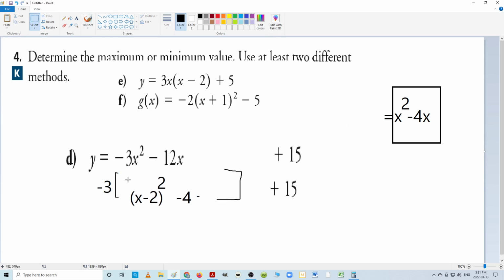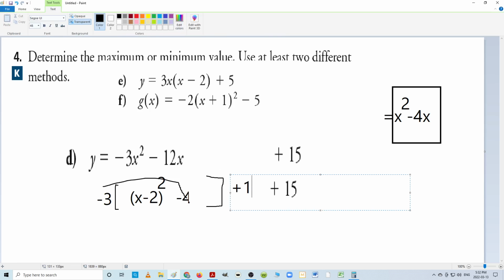But as I said, I have a little problem with that giant bracket because I factored out a 3. To get it out of the bracket, I must multiply that minus 4 by minus 3, and it comes out of the bracket as plus 12.